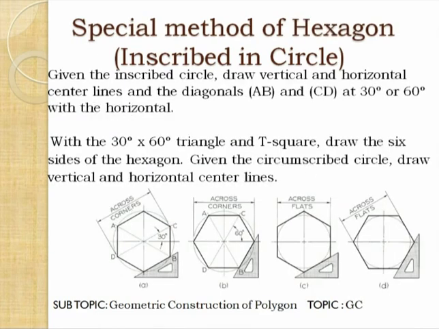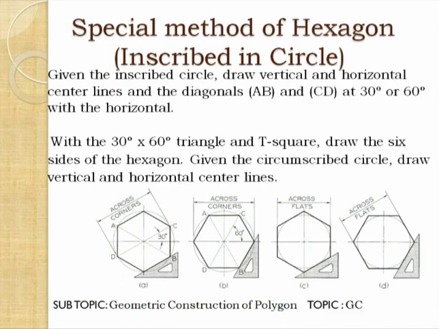Again, this is the special method of a hexagon inscribed in a circle. Here we are using the T-square and set square. We know the circle and we want to inscribe the hexagon in the given circle. First of all you draw the circle, then you draw the horizontal diameter and vertical diameter of the circle.